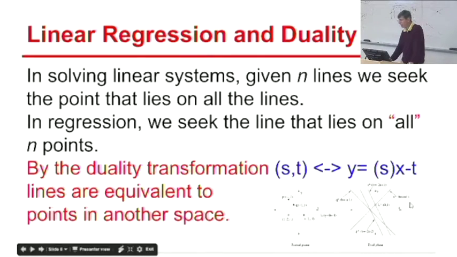Okay? If you have a line, how do I interpret it as a point? That's going to be the slope, comma, minus the intercept, right? So it should be clear that if you give me a set of points and lines in one space, I can redraw them in this other way, right? That much should be clear.